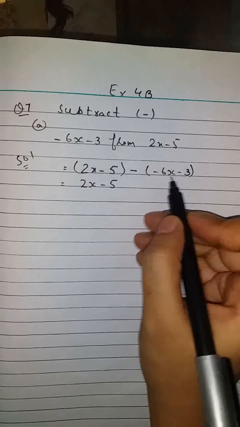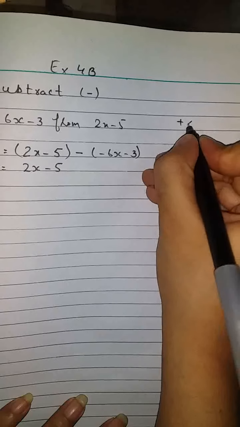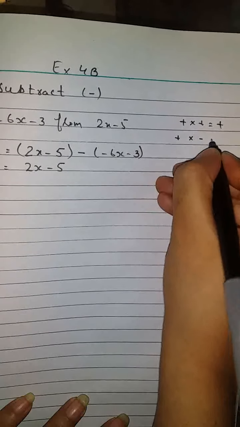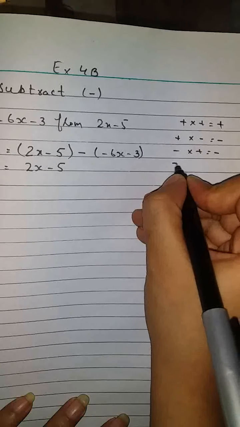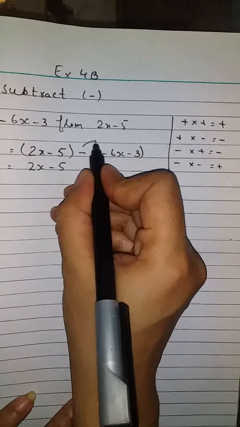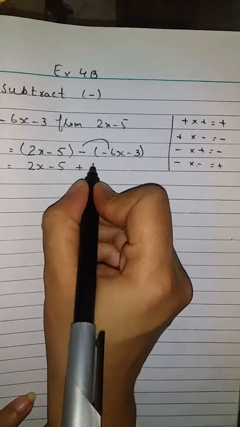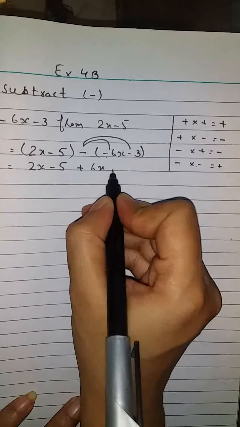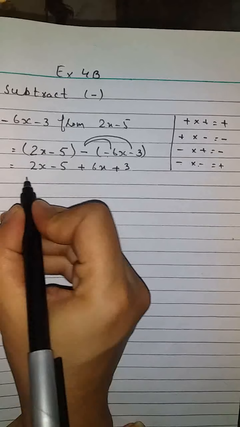By using the sign rule: plus multiply by plus equal to plus, plus multiply by minus equal to minus, minus multiply by plus equal to minus, and minus multiply by minus equal to plus. So minus times minus 6x equals plus 6x, and again minus times minus 3 equals plus 3. Got it?